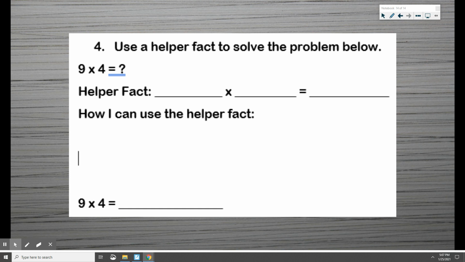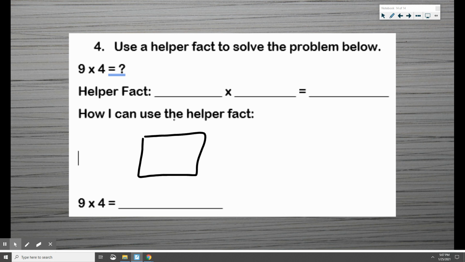So I want to draw a picture, because multiplication for me is like doing area. And I think I want to do a double, because the half of 4 is 2, and I definitely can do 2's in my head. So instead of having 4, I'm going to have 2 and 2.